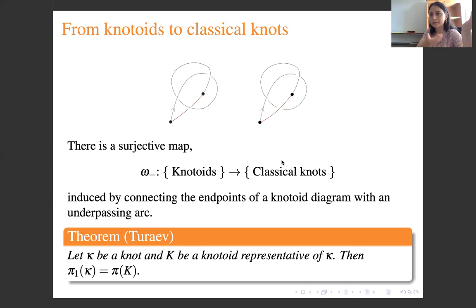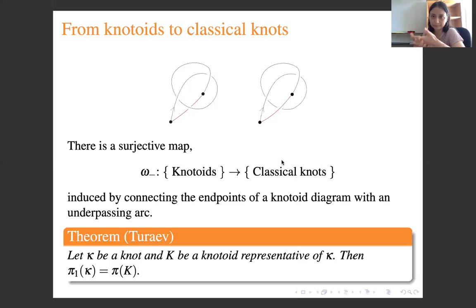And since we have the underpassing closure as a well-defined map, we can consider the resulting knotoid diagram as a representative of the knot type that we are working with. Actually, for one classical knot, we obtain a collection of knotoid representatives, because we can delete different underpassing arcs from a given diagram, or we can work with different diagrams of the knot obviously.